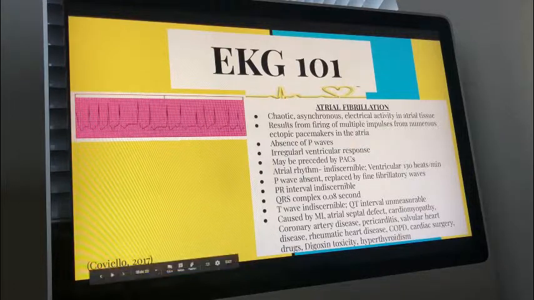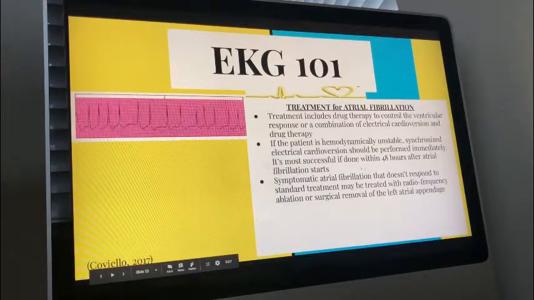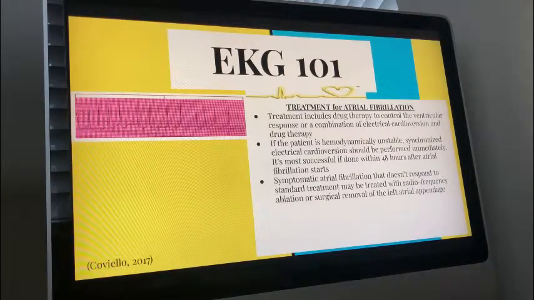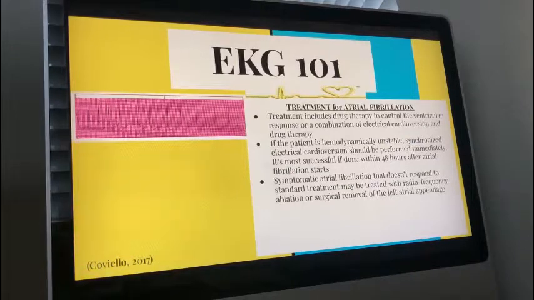It can be caused by MI, atrial septal defect, and other things. The treatment includes drug therapy to control ventricular response, or a combination of electrical cardioversion and drug therapy. If the patient is hemodynamically unstable, we do unsynchronized, we have to do electrical cardioversion immediately.